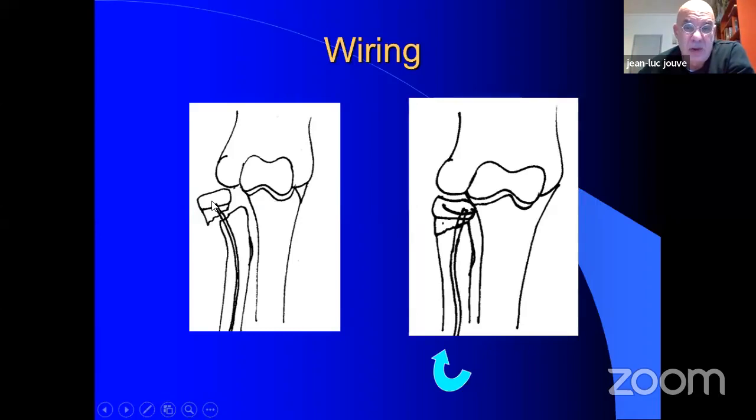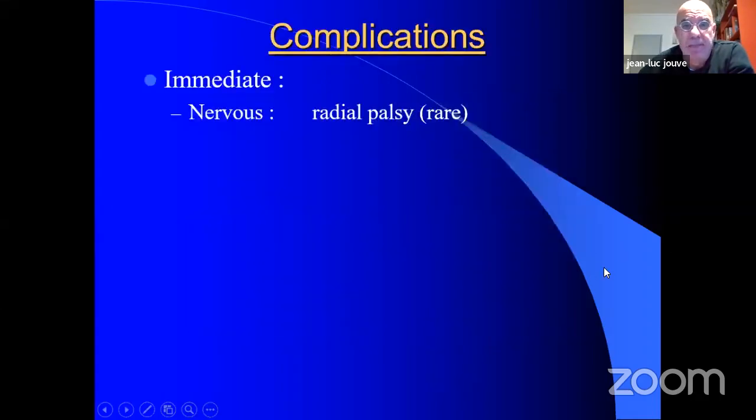You do a rotation, and you reduce and fix the radial head at the same time without a direct approach. It is the best technique to avoid the section or damage of the periosteum of the radial head.